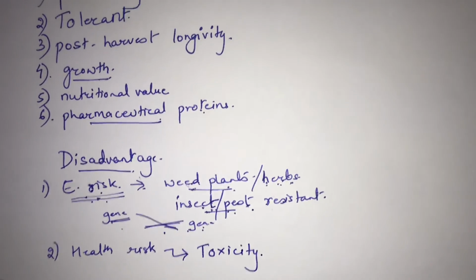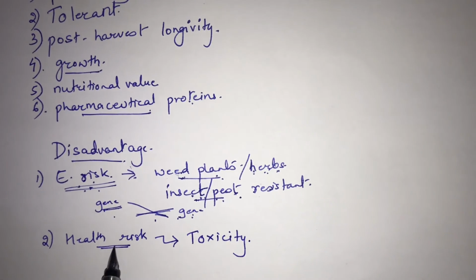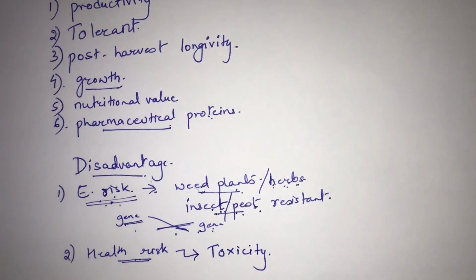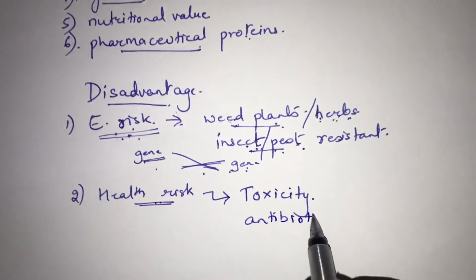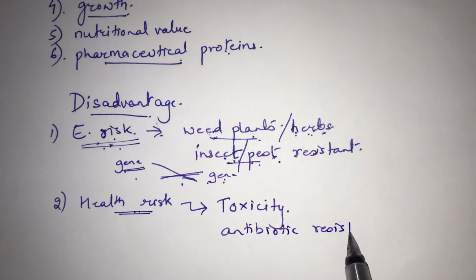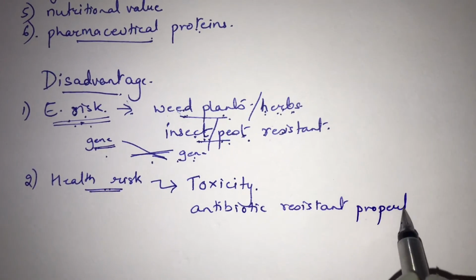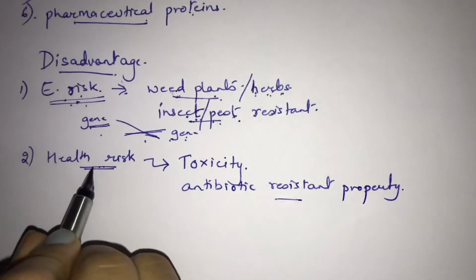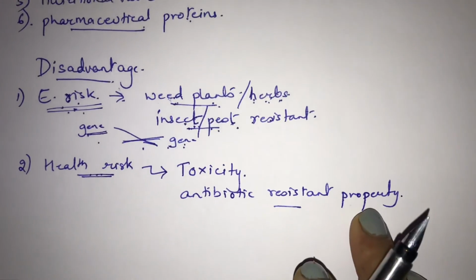Suppose this genetically modified crop has a gene which has antibiotic resistant property.